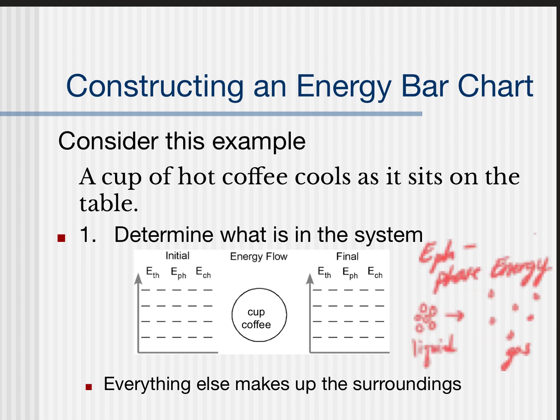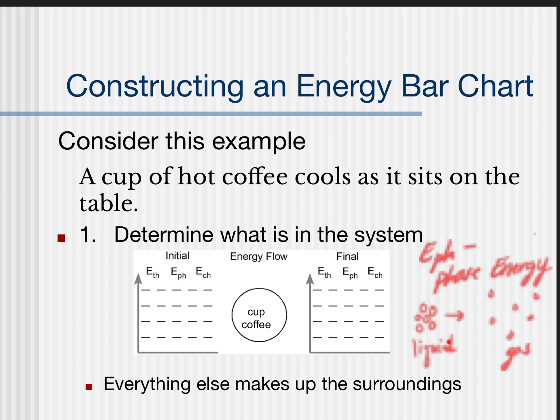Energy of phase, or phase energy, is EPH. This has to do with how particles are arranged. I drew a little diagram here. These particles would be in the liquid phase, and if we added heat energy to this liquid phase, you could imagine that we could form a gas.